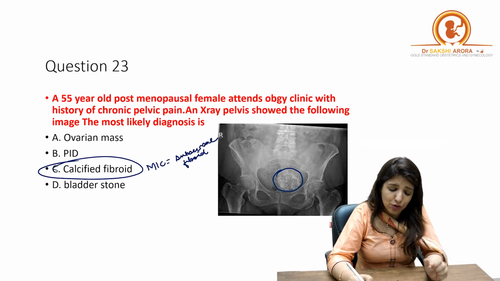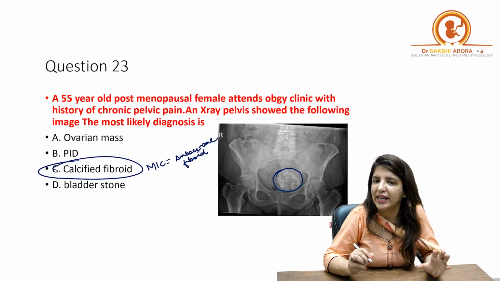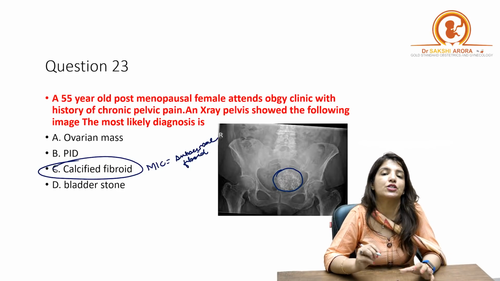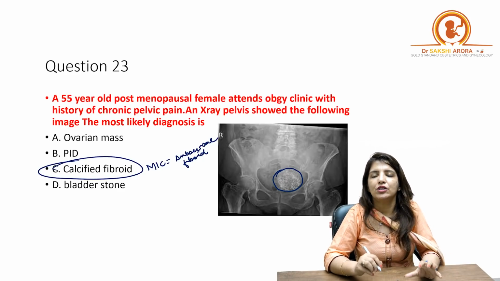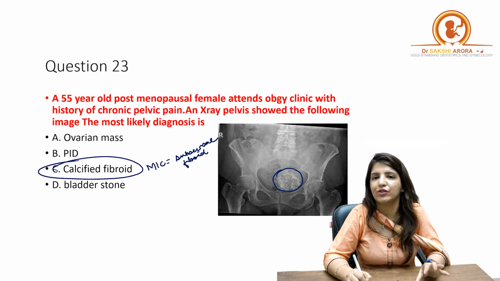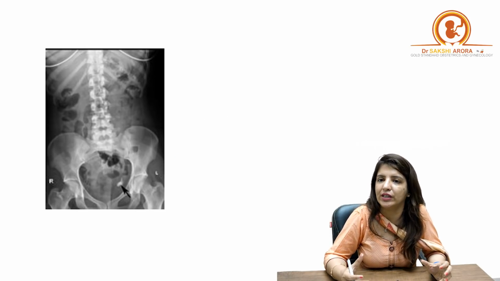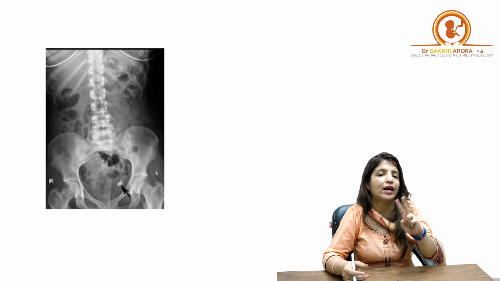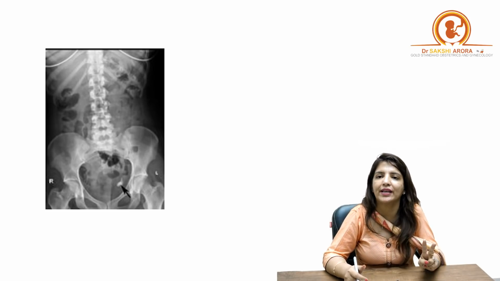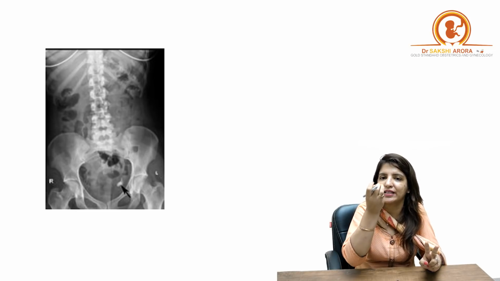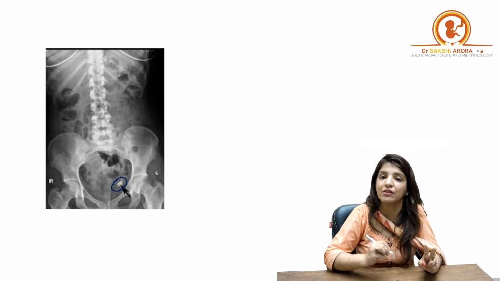Now, it could have been an ovarian mass, but in ovarian masses, the mass which shows calcification is a dermoid cyst. And number one, dermoid cyst is uncommon at 55 years of age. And number two, when you see the X-ray of a dermoid cyst, the calcification can appear in two manners. Number one, you can get calcification due to a tooth. The dermoid cyst might have a tooth, because of which you can see a calcification.